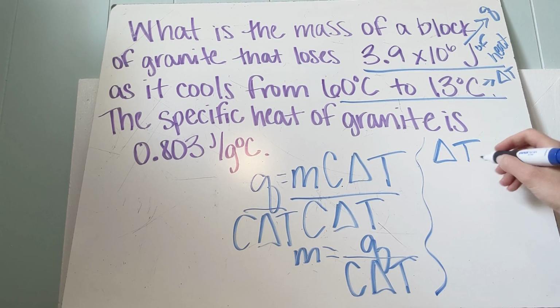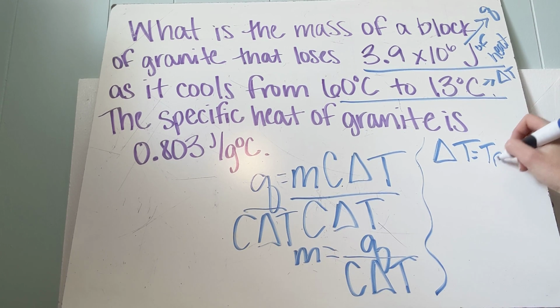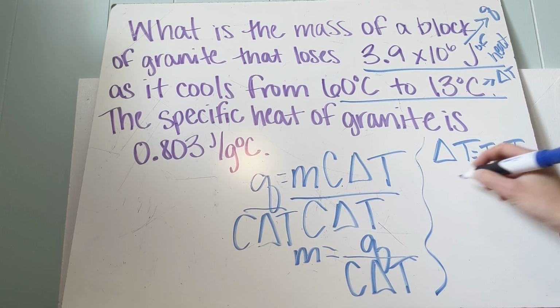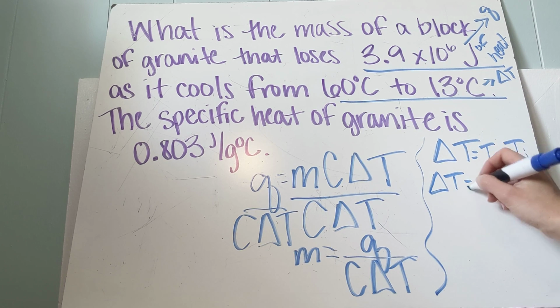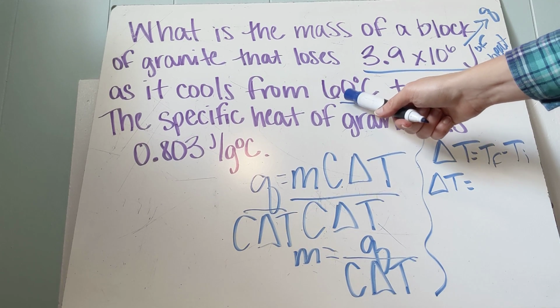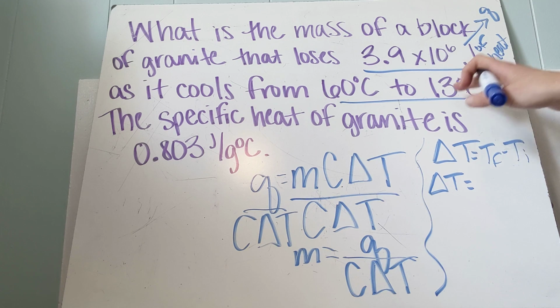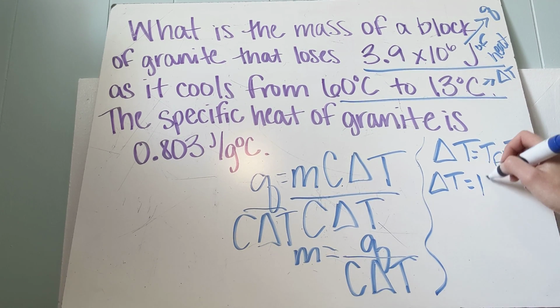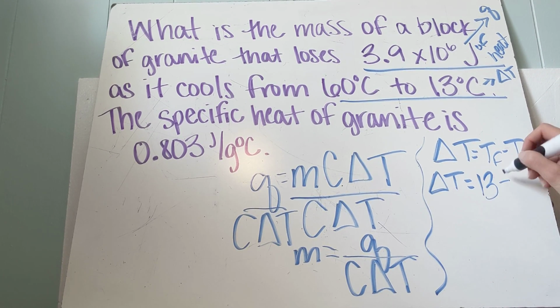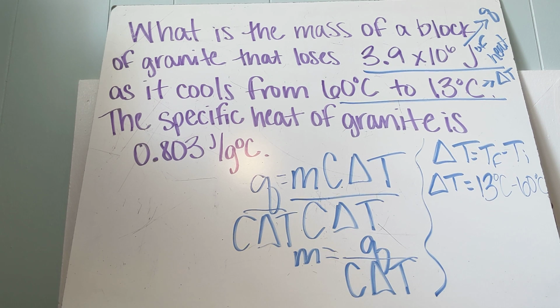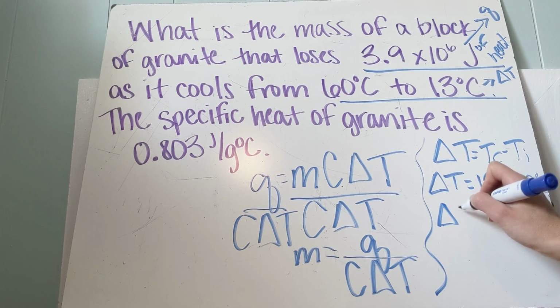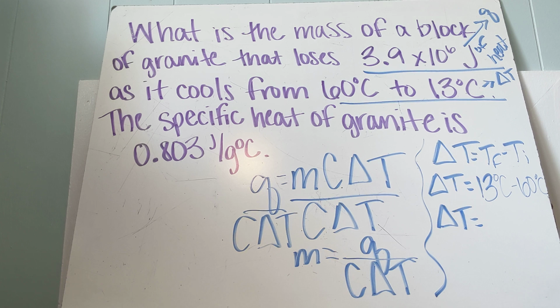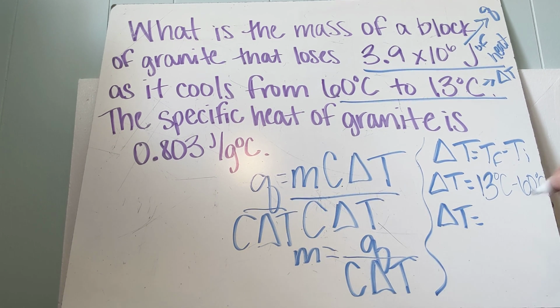Delta T. If we remember, delta T is equal to T final minus T initial. It says that it cools from 60 degrees Celsius to 13 degrees Celsius, so I'm going to do 13 minus 60. So my delta T is going to be negative 47.